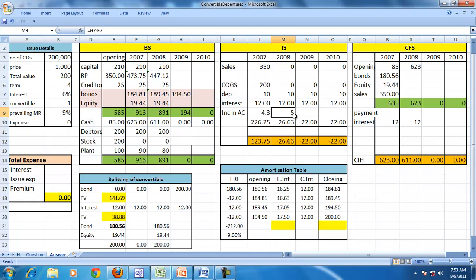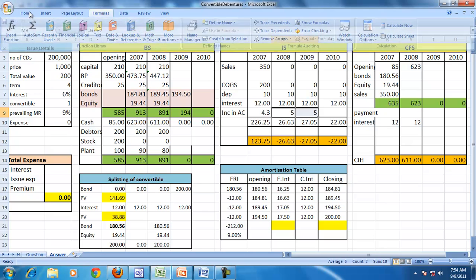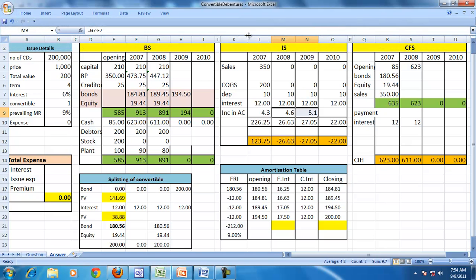So the increase in the value of the bond will be shown in the income statement as an expense. No change in the equity, so the loss is minus 27. So therefore the value of the retained profit gets affected by that.